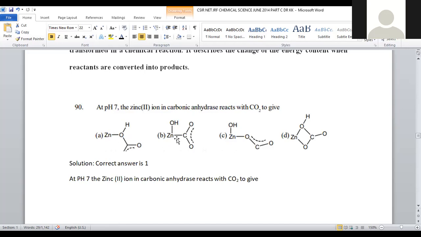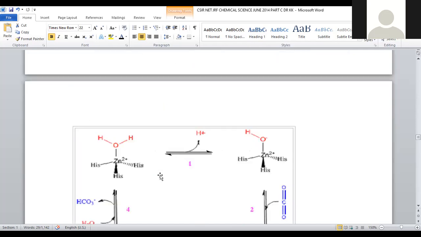This is given in option number 1. In option number 2, zinc linked with carbon is entirely wrong. Zinc linked with oxygen of the carbon dioxide is also entirely wrong. Zinc linked with 2 oxygens, one oxygen of the enzyme and another oxygen of carbon dioxide, forming a bridged compound, is also entirely wrong. Only the correct structure will be carbon dioxide directly linked with the oxygen of the carbonic anhydrase enzyme. That is provided in option number 1. For question number 90, option number 1 is the correct answer.